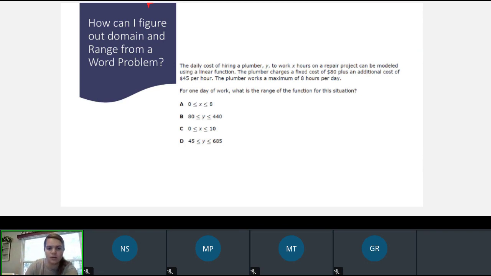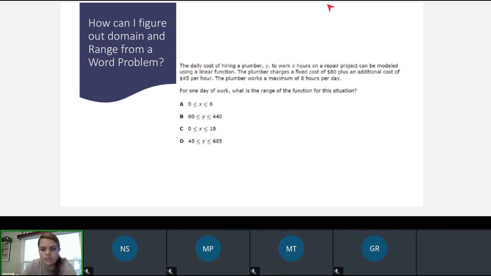So there are 2 options we could automatically eliminate. Yeah, good. A and C can be eliminated.